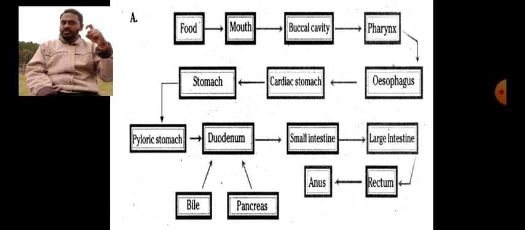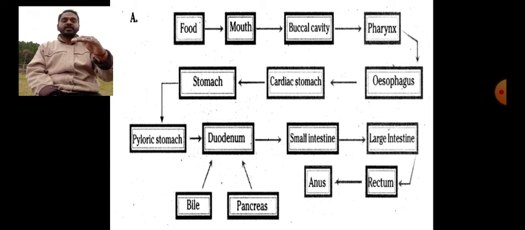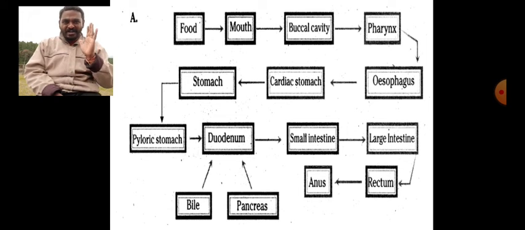It is U-shaped, and from there bile juice and pancreatic juice are added. Then from there small intestine to large intestine to rectum to anus. So from mouth to anus, digestion takes place, the digestive tract functions properly.